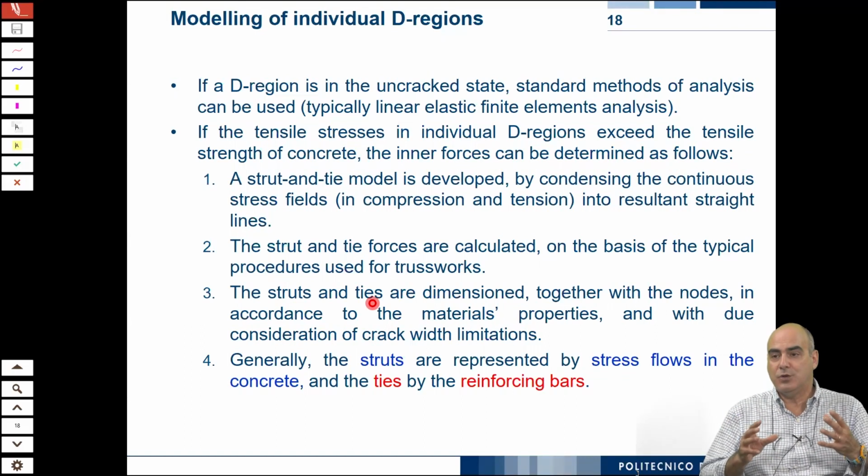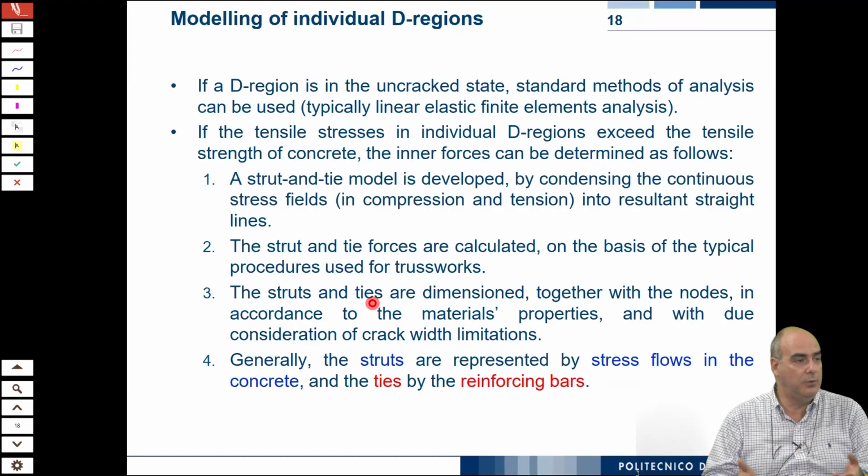So actually, your strut and tie model turns into a model that you can handle, which is a truss. Struts and ties. So you calculate the forces in your struts and ties, and you dimension them accordingly.